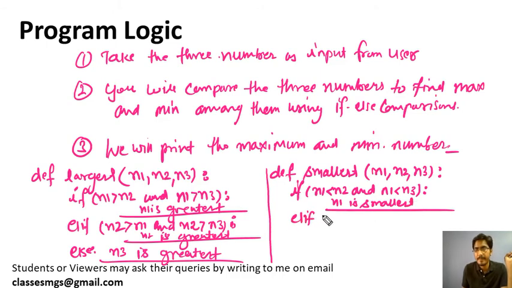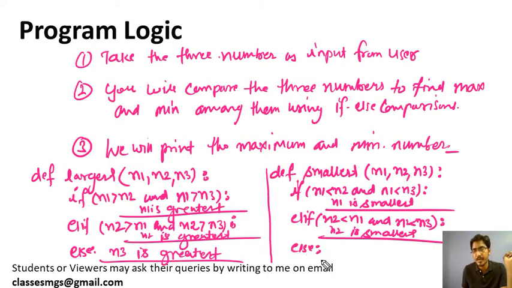If n2 is less than n1 and n2 is less than n3, then we will say n2 is smallest. There might be multiple solutions to this problem. You might have come up with a different solution, then it's good, you may try your solution also. I am explaining the simplest way. Now we will go ahead and write the program.